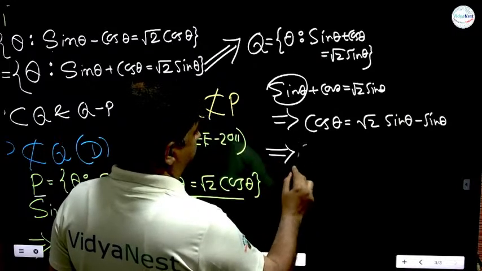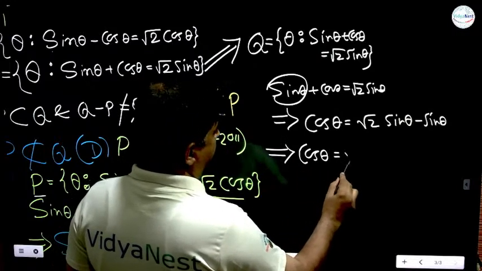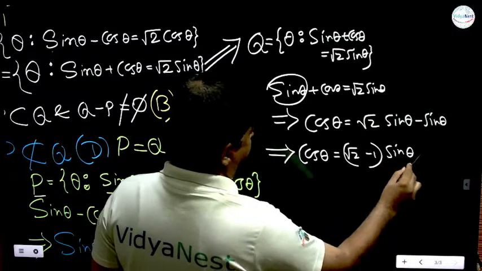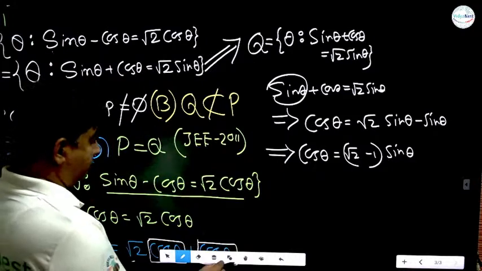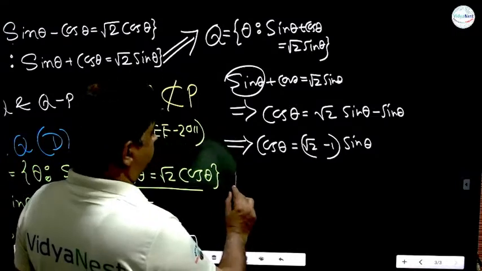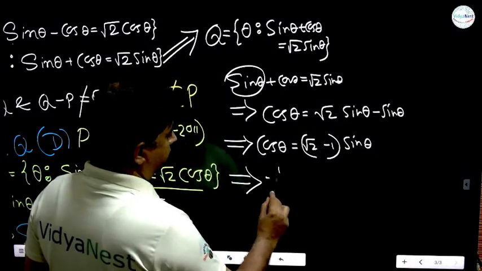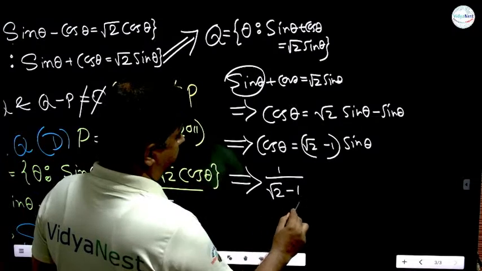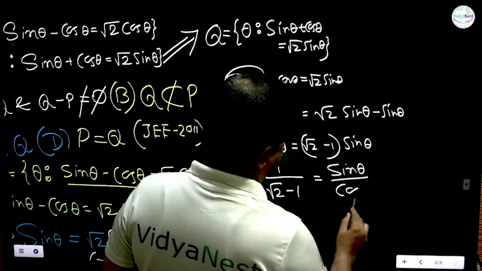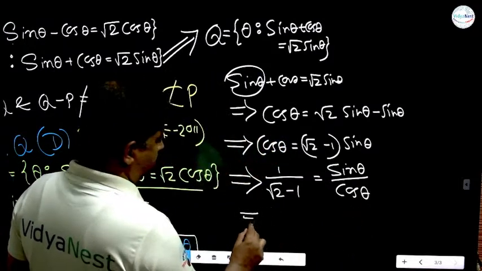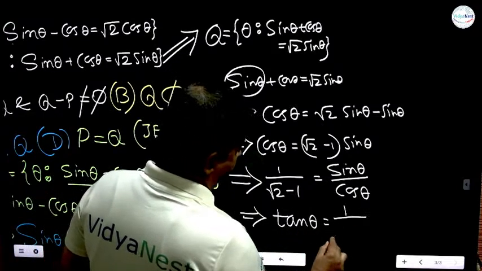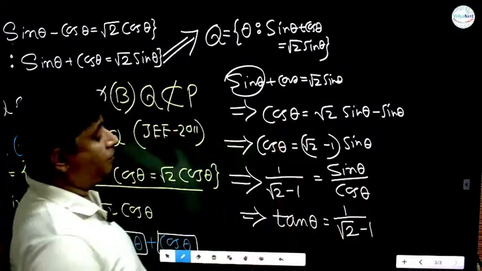So I can take sin theta common. Now, one by root 2 minus 1.